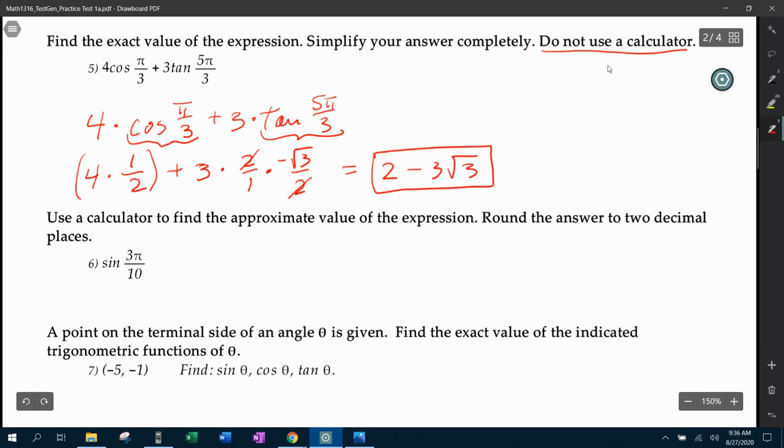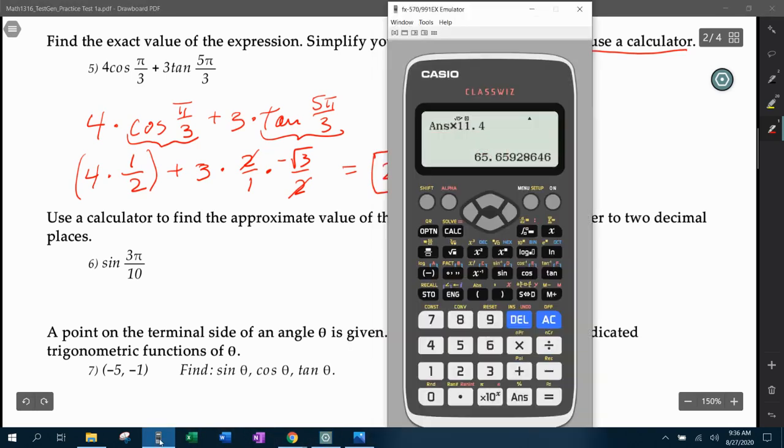And I know it says do not use a calculator, but I am going to use a calculator just to check that. Making sure I'm in radian mode. Angle unit in radians.